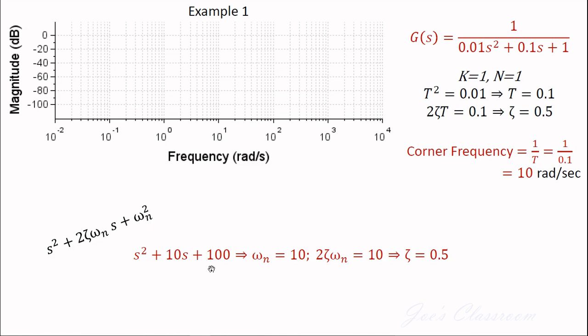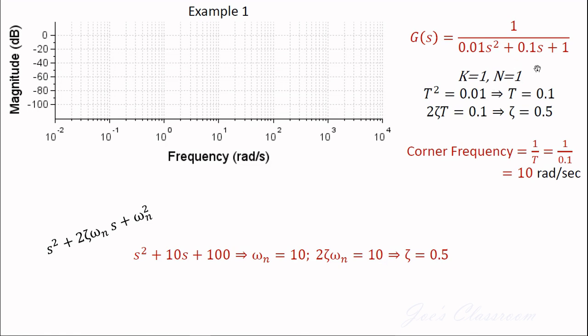If the transfer function is given in this form, with the coefficient of 1 for the s square term, then you can find omega n by comparison. Omega n square is equal to 100 and therefore omega n is equal to 10, and 2 zeta omega n is equal to 10, and you can get zeta as 0.5.